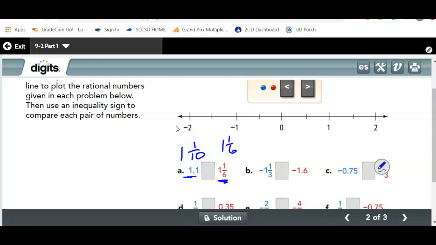To get a common denominator, I can multiply this by 6 over 6 to get 6/60ths. Multiply this by 10 over 10 to get 10/60ths. Which one's larger? 1 and 1/6.